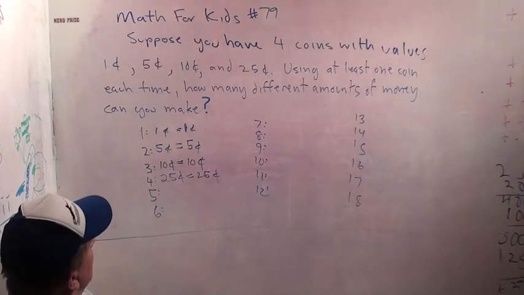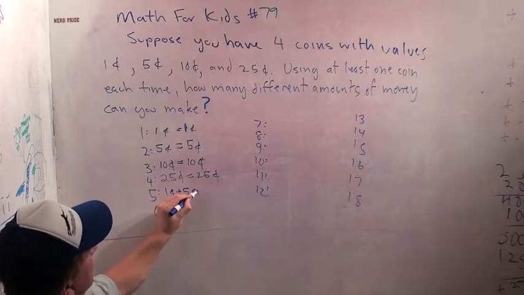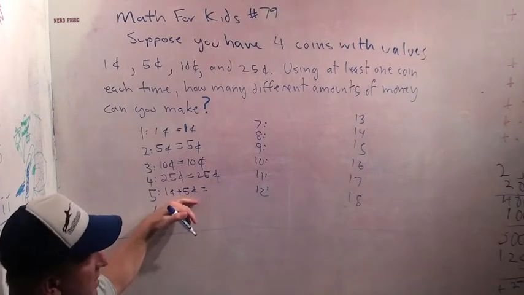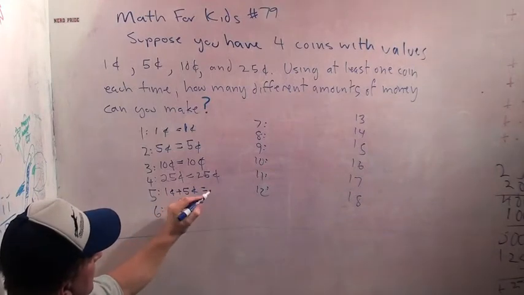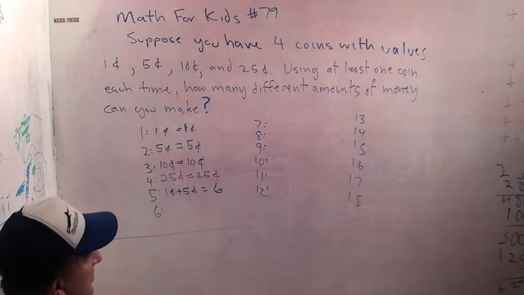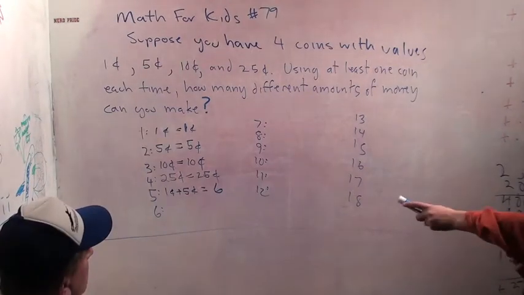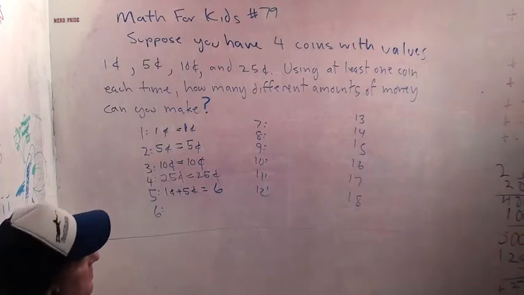Now we have to do the ones with 2 coins. We do 1 cent plus 5 cents. I'm going to stop writing the cent sign. So 1 cent plus 5 cents equals 6 cents. Have we used 6 cents before? No. Now this is the most important step. What's the next thing to do? Let's do all the values with 1 cent first. Very good.